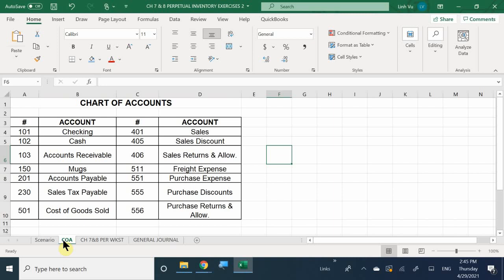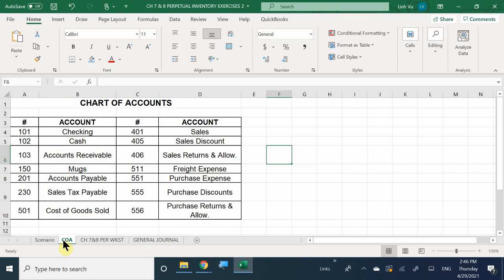Purchase allowances and returns. Okay, this is a customer, not a vendor. If customer B decides to return an item to me, sales returns and allowances, correct. That is one of the things that we're going to be using.